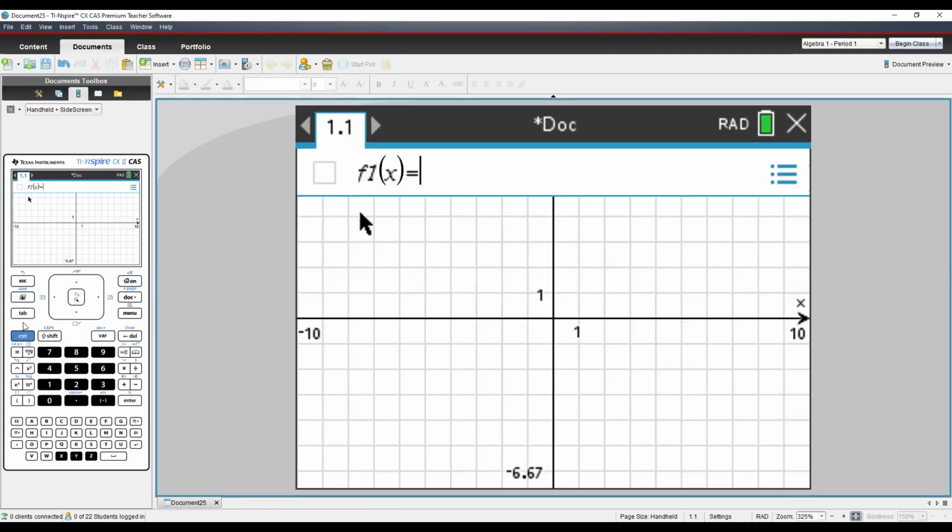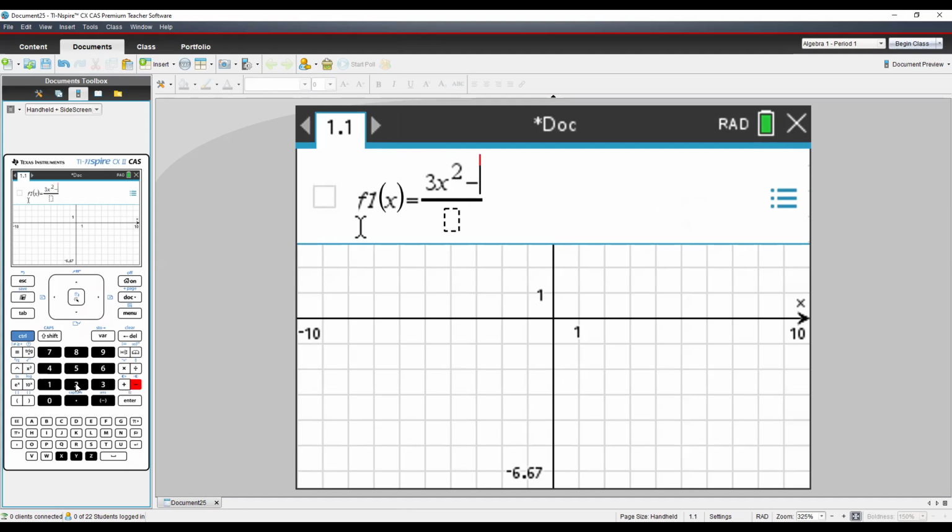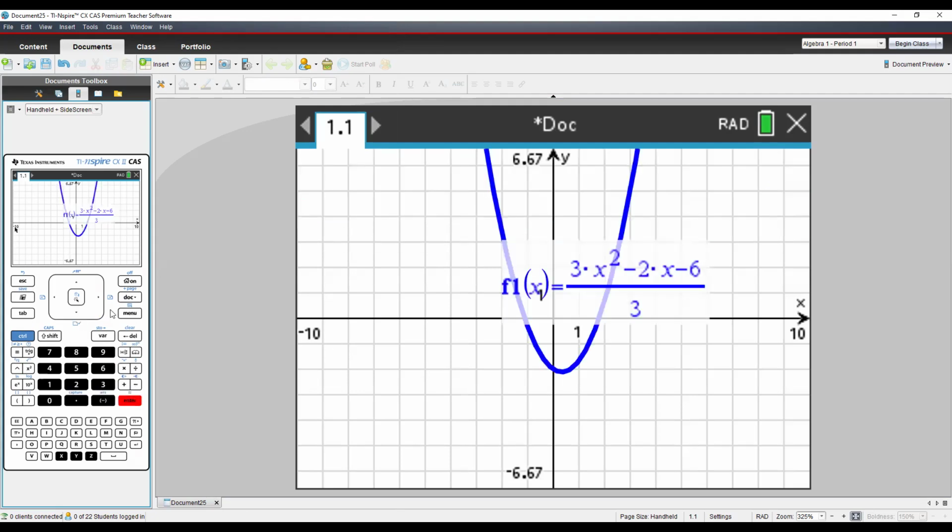I'm going to use the stack fraction because the leading coefficient is not a 1: control divide, 3x squared minus 2x minus 6, and a 3 on the bottom.